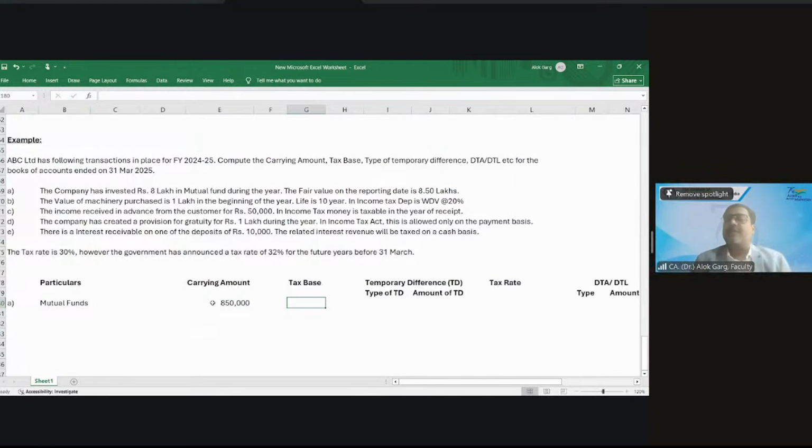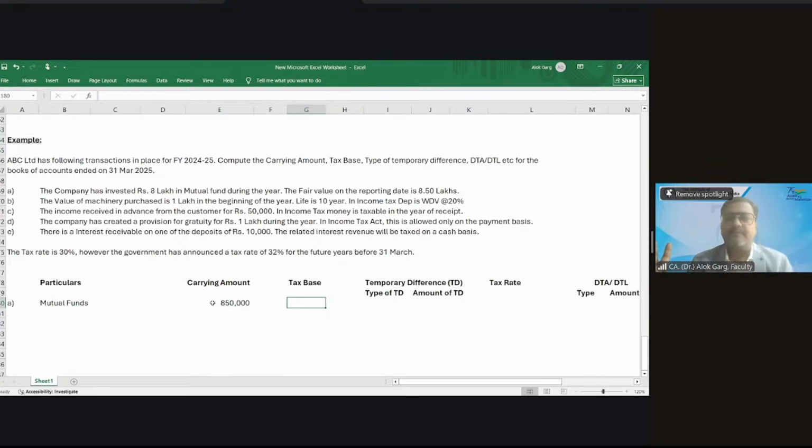If you prepare your tax balance sheet, will Ind AS 109 be applicable? The answer is no. The tax department will say that for me the cost of the mutual fund is 8 lakh, which will always remain at 8 lakh. When you sell the mutual fund and realize the gain, only then will I record the gain, right?